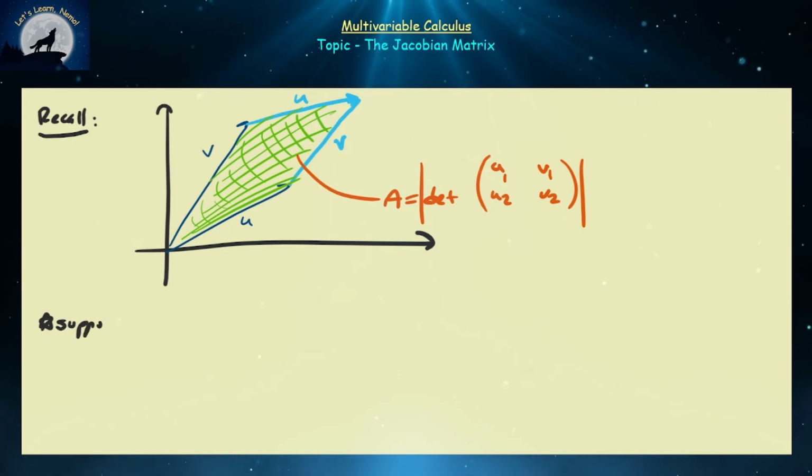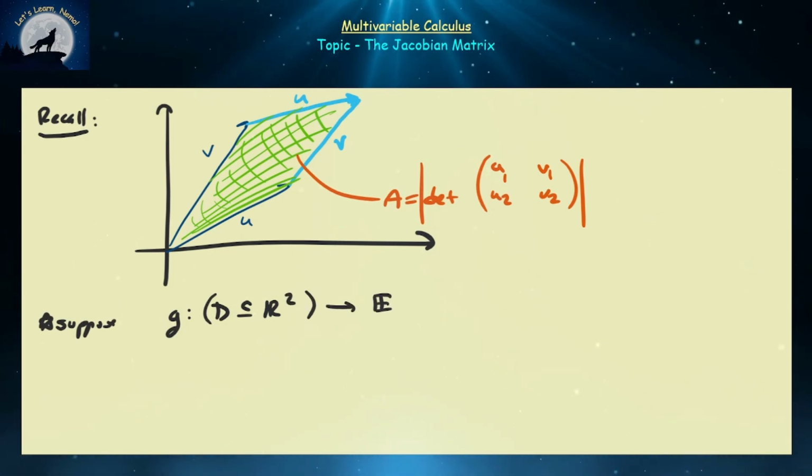So what I want to do is suppose that G sends some domain D, subset of R2, and maps it to E, not that fancy E, but let's call it E, subset of R2 as well. So we're going from a subset of R2 to a different subset of R2.